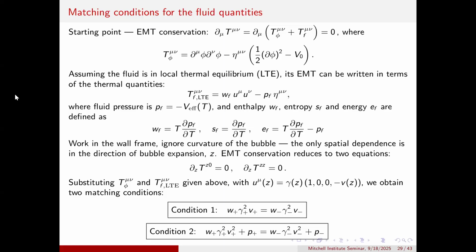Then the wall is vertical, and the only spatial dependence would be in the direction of the bubble expansion. So we can reduce EMT conservation to two equations. Substituting these expressions into these two equations, we get two matching conditions for the fluid velocity and temperature in front of and behind the bubble wall.